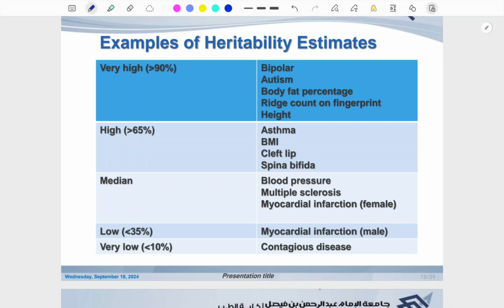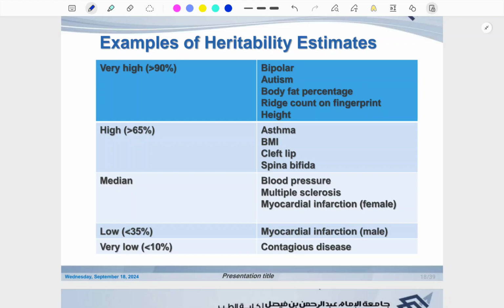High is greater than 60%, 65%, but a lot less than the 90: asthma, cleft lip, spina bifida. Medium: blood pressure, multiple sclerosis, and look at this, myocardial infarction in females, just to show you a bit more.